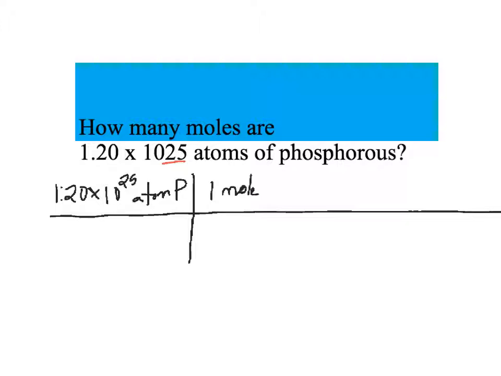In every 1 mole of phosphorus, I have 6.02 times 10 to the 23rd atoms of phosphorus. And again, that's why I put it on the bottom, because it needs to cancel.